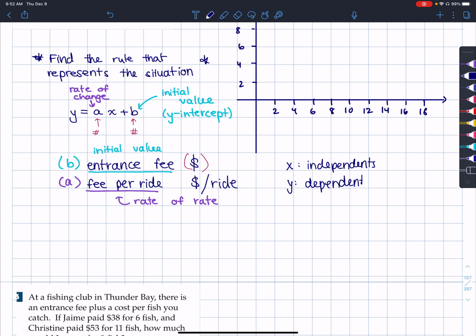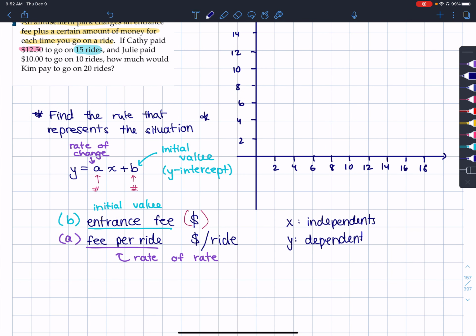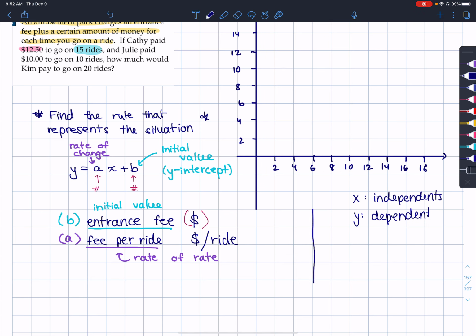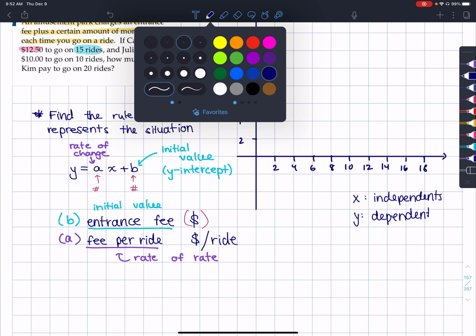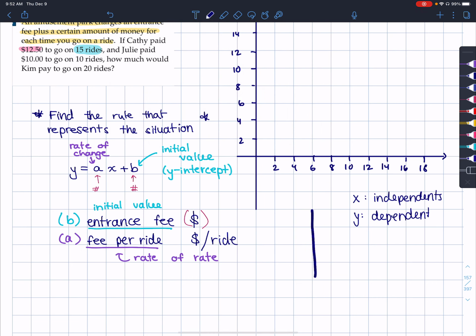So we could just take this information out and put it into a little table. So I could put in rides and dollars.